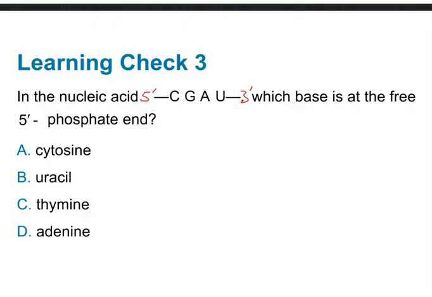We agreed on that. Okay? Does that make sense to you? Yes? It's a convention. There's no deep biological meaning in that particular writing. So in this case, the base on the 5' end is cytosine.